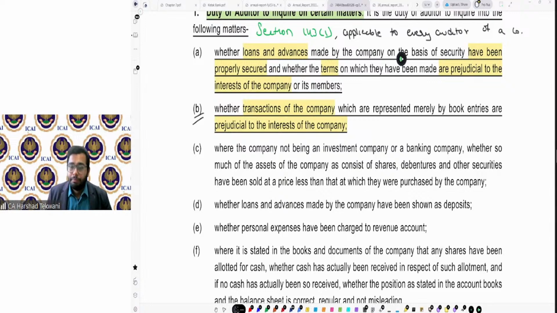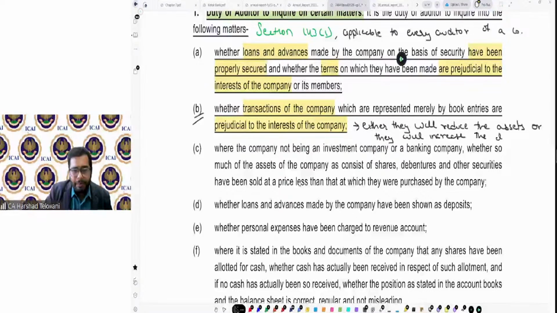Very good, Viraj. Wonderful. So these kinds of transactions are of two types, basically. If they are prejudicial to the interest of the company, either they will reduce the assets or they will increase the liability.